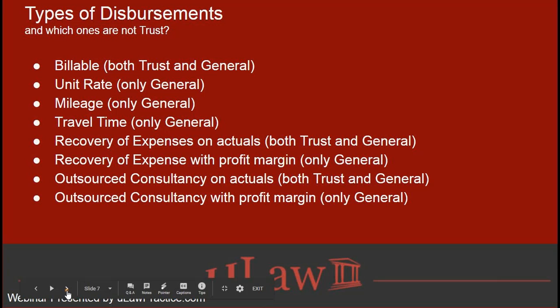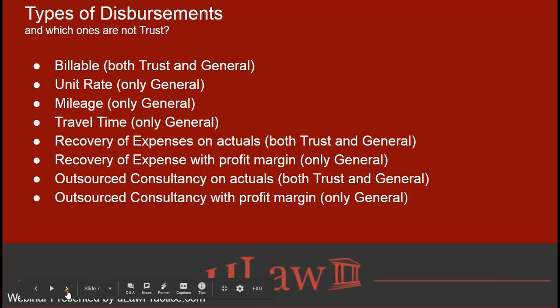Or talk about whether it's a unit rate disbursement, whether there's any mileage that you expect to charge them, or even if you don't charge them, maybe these are specific disbursement types and charges that you would charge if it were to be involved. So you can always put that as a blanket. We find a lot of well-drafted retainer letters which have very standard text around disbursements, such as, if our legal practitioner were to travel, then we would be charging you 60 cents a kilometer, or things of that nature.